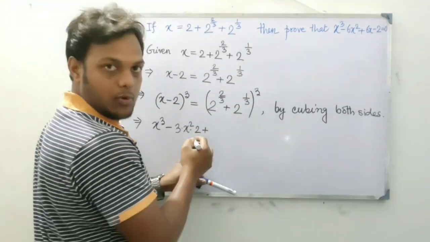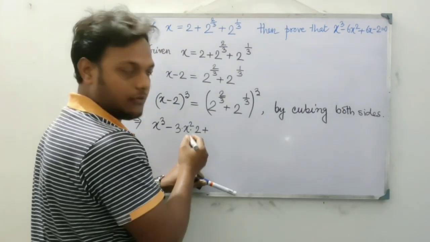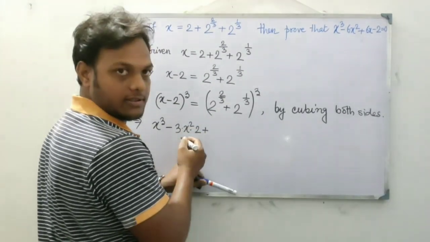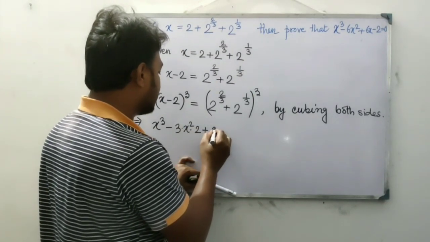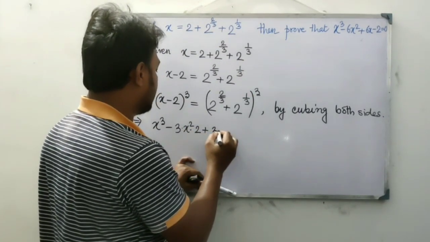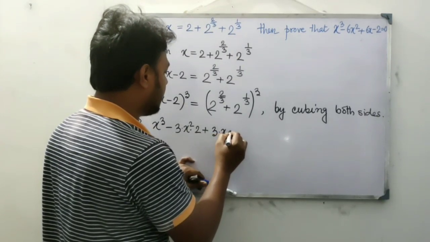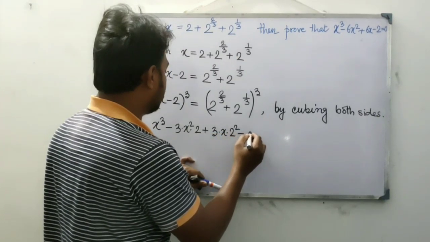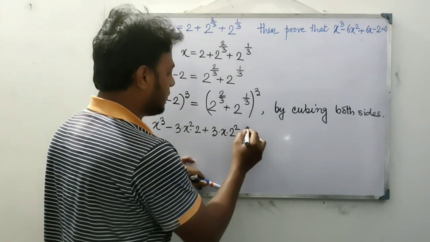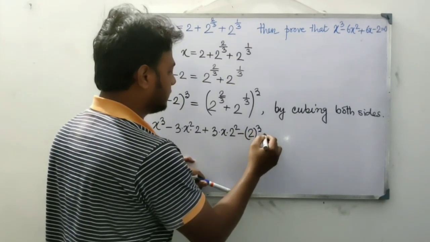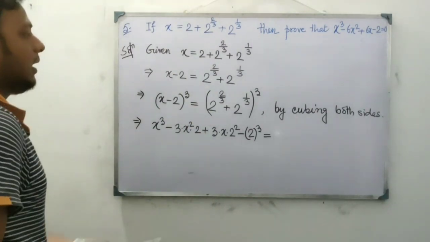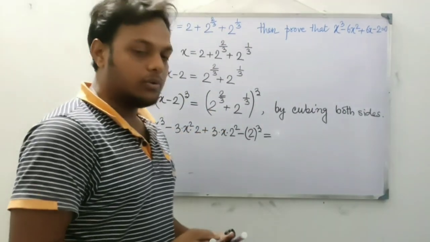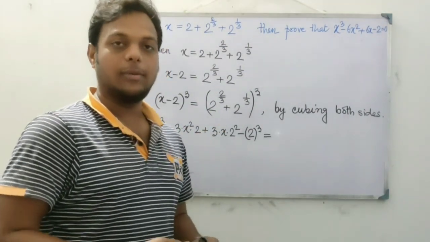This is the law of identities that expands a minus b whole cube as a cube minus 3a square b plus 3ab square minus b cube, from the previous chapter. Here 3ab square means 3 into x into 2 square, minus b cube, that means 2 cube, equals, for this part a plus b whole cube, we will use another form of a plus b whole cube.